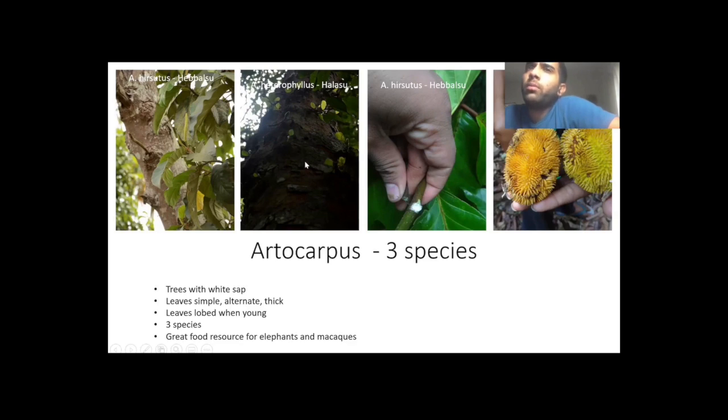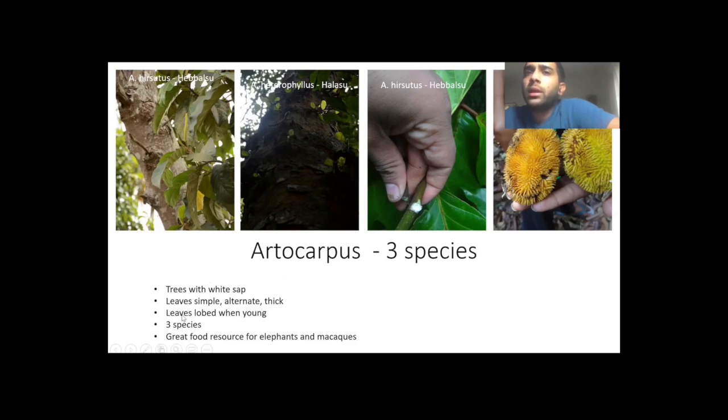Hebbalasu is not so obvious like that, but the fruit is much smaller. It's also edible. They have simple leaves that have sap, white latex. Just like the Ficus, they're actually in the same family, so they have some similar characteristics.